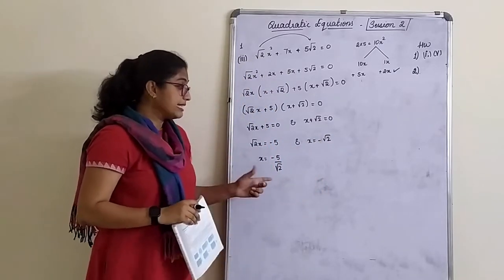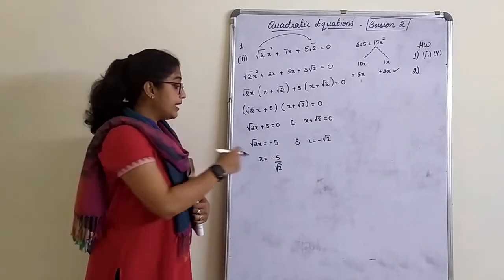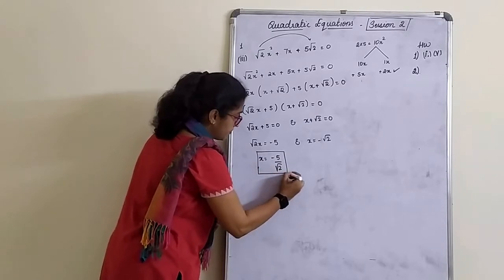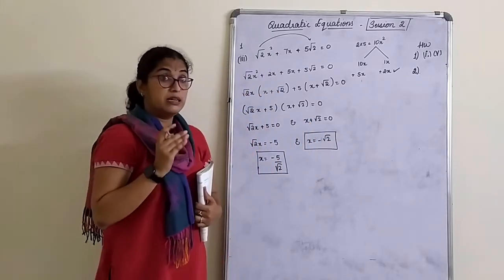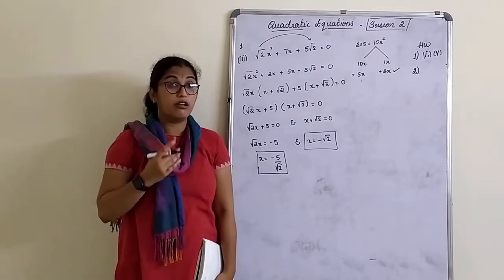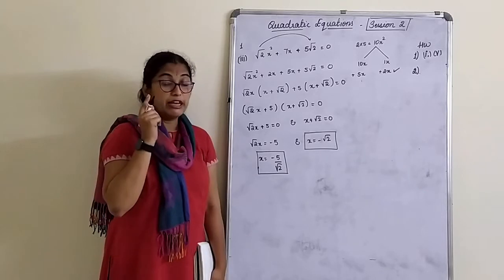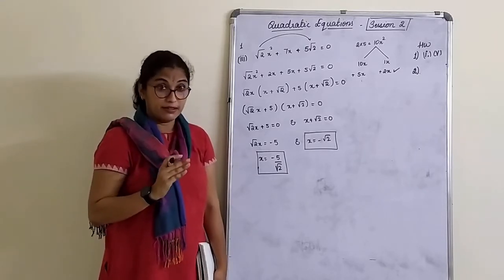Okay children, you can keep the answer as it is, but we always know that this is your final answer. But still, if you recall last year what you have studied in number system, we do not keep anything in terms of root in the denominator, right? Why?